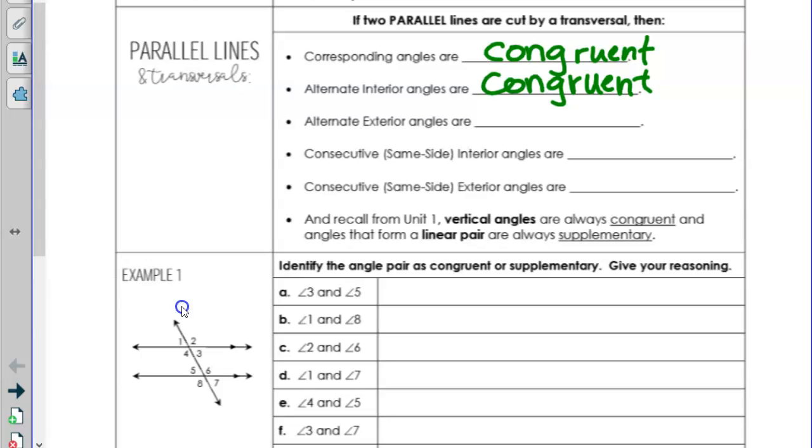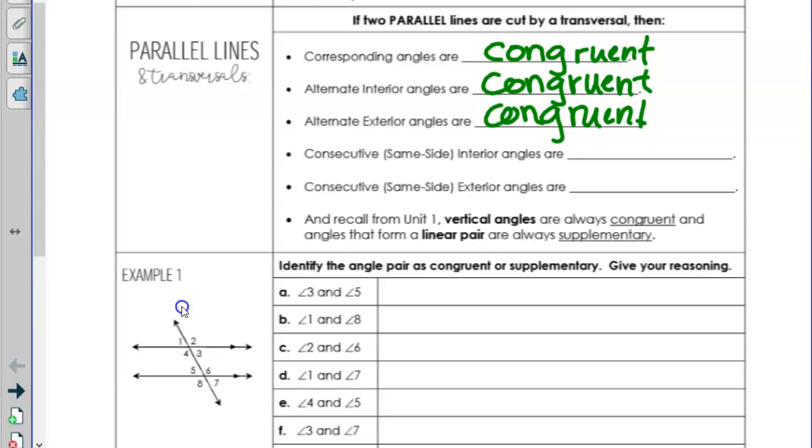Congruent, right, because 2 and 8 are both obtuse, so they're going to be the same measure. And then 1 and 7 are alternate exterior, and they're both acute, so they're going to be congruent as well. So it's almost, if you can picture picking up this top group of 4 and putting it on the bottom group of 4, they're going to line up.